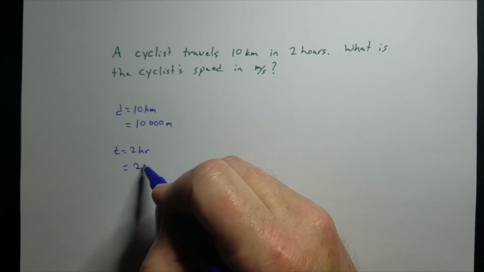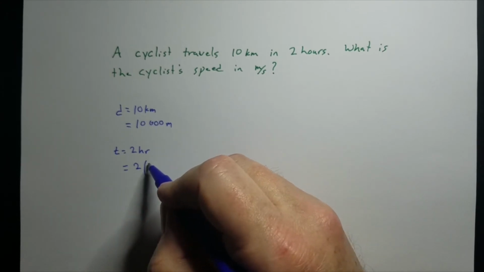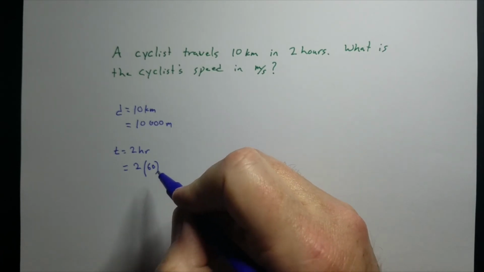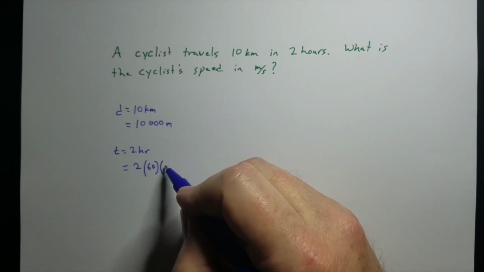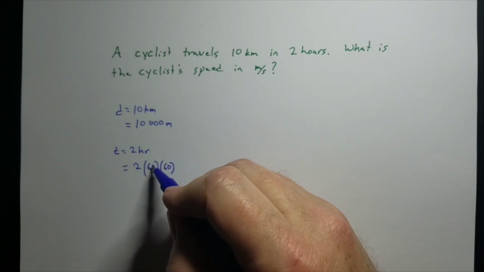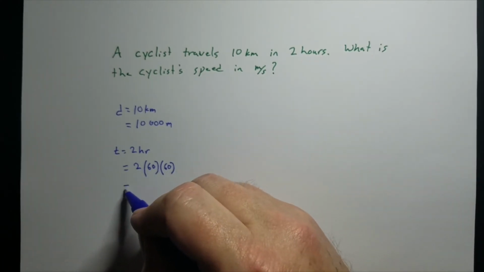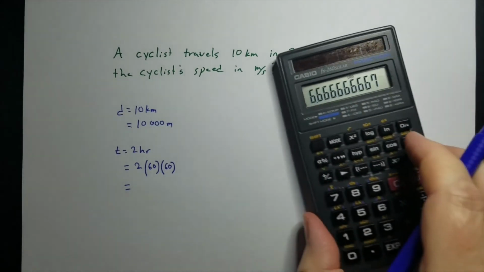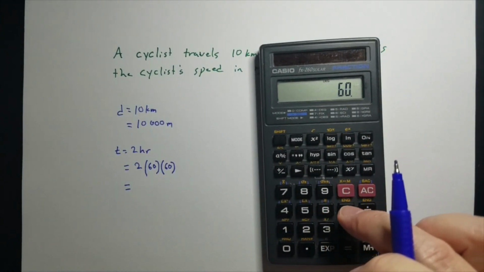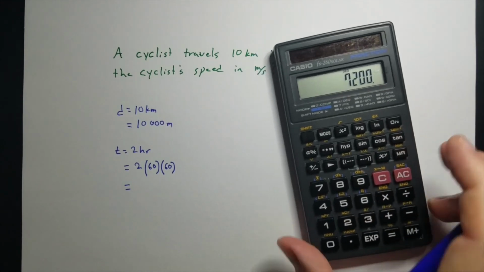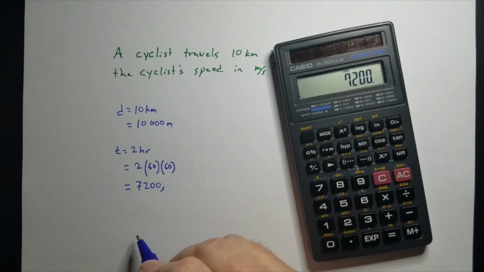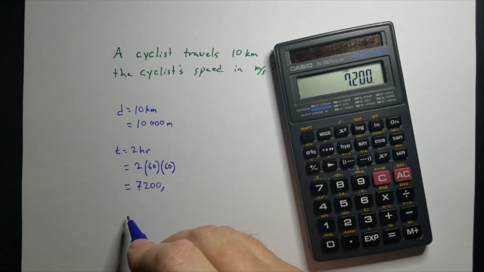So 2 hours, we're going to change that to minutes by multiplying by 60, and then to change that to seconds, we need to multiply by 60 again. 60 seconds in a minute, 60 minutes in an hour. Bringing out the trusty calculator, we get 7,200 seconds.